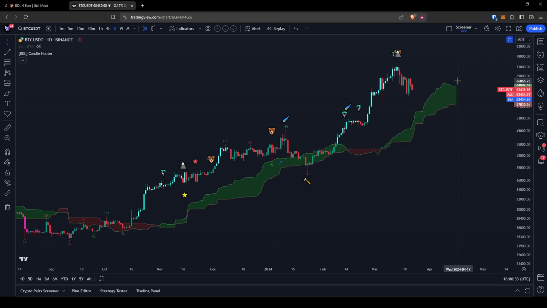It doesn't mean that we can't come all the way back into the green cloud and hopefully find support there. So if we're testing this area here, we are still fine for the moment, in a short-term outlook.